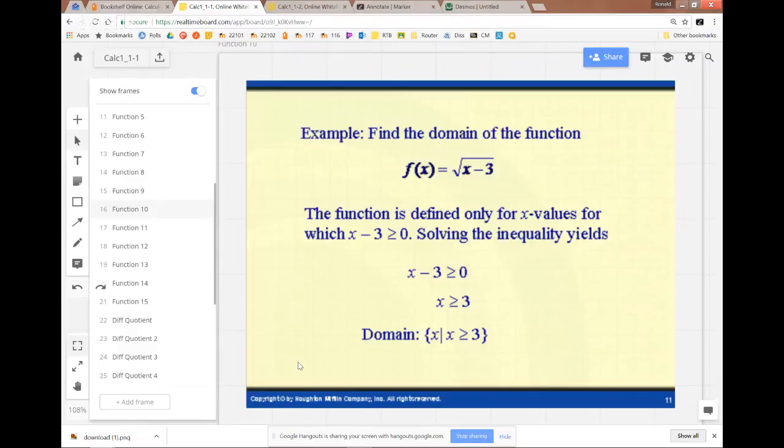Yes, there are the imaginaries, but over the reals, no. And so we would say the domain is, yeah, 3 is okay, because it's okay to take the square root of 0, but anything other than 3 or bigger is out. So here's how we would state that. The domain is all x such that x is greater than or equal to 3.